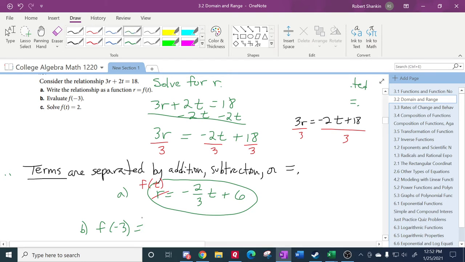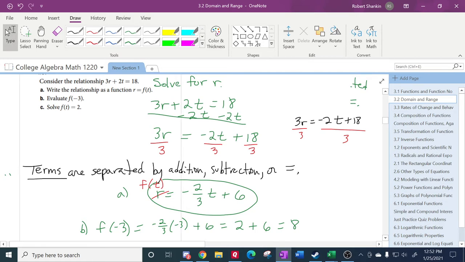And then f of negative 3 is negative 2/3 times negative 3 plus 6. And then these negative 3's will cancel each other out. This is just going to be 2 plus 6, which is 8. Okay? So when the input is negative 3, the output is 8 in that function.